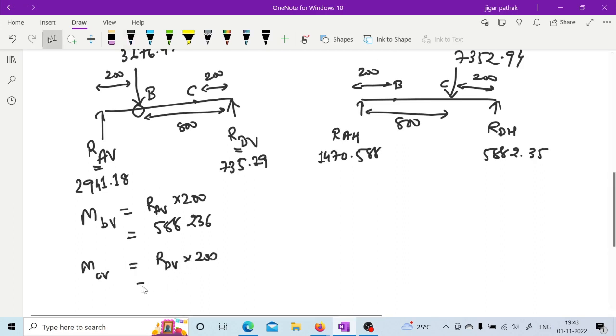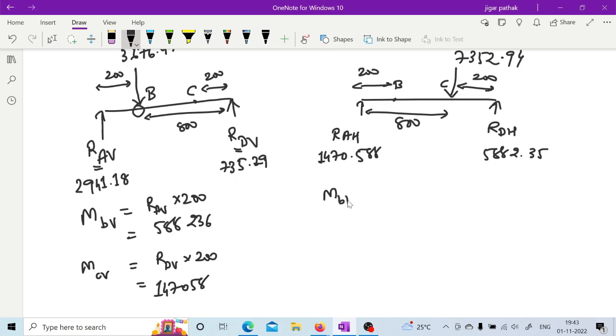So what is this? 147058. Similarly, you can calculate this MBH, that is RAH into 200, and MCH, that is RDH into 200.